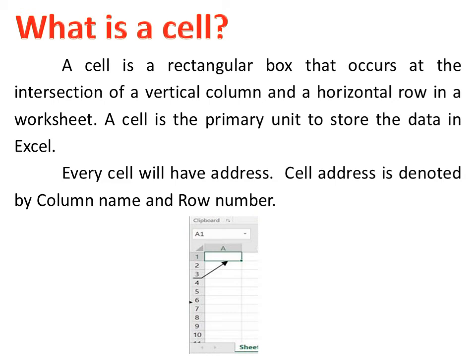Every cell will have its own address, which is also called cell address or cell reference. This cell address or cell reference is denoted by column name and row number. If we see the picture, the currently selected cell address is A1, which means the column name is A and the row number is 1.